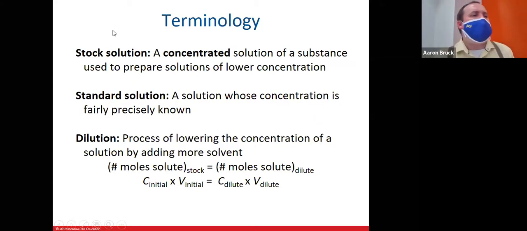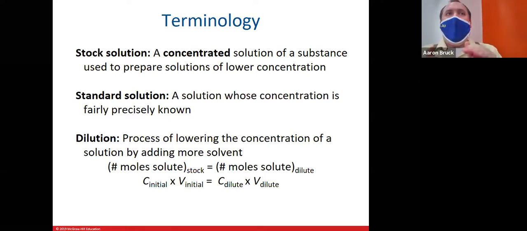Now, when it comes to dilution, there are some terms that are necessary. First of all, a stock solution is the solution from which the diluted solution is made. So I've got a higher concentration solution. That's my stock solution. I'm going to use that to make the lower concentration solution, the diluted solution.